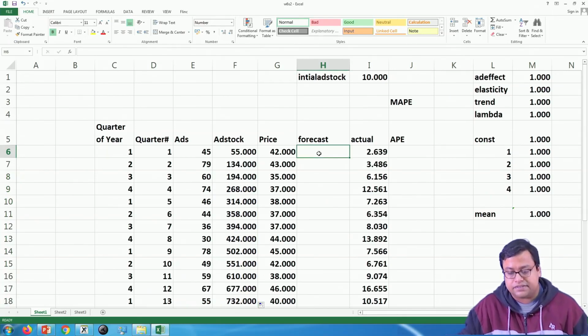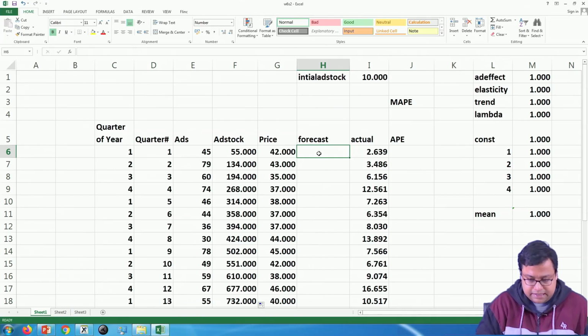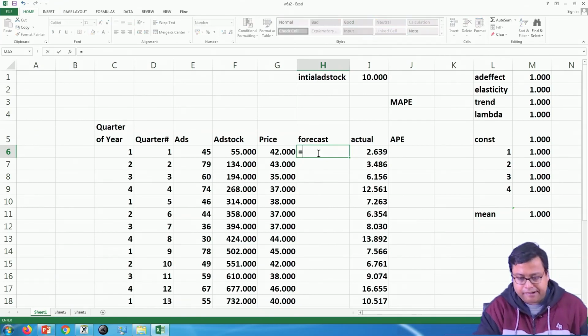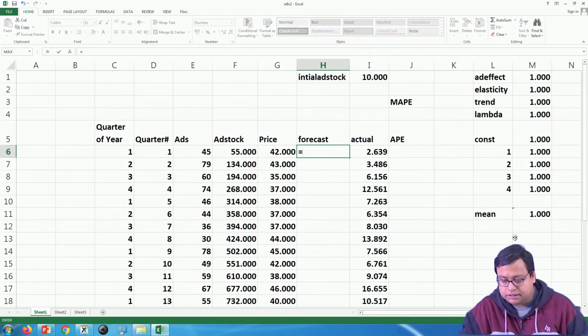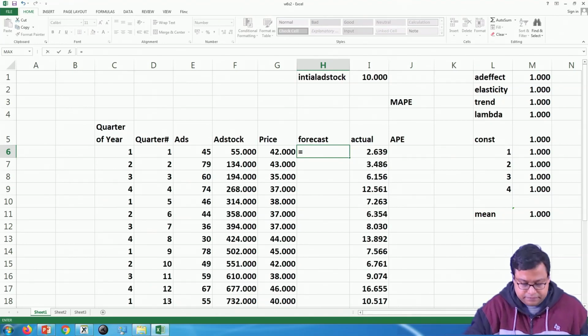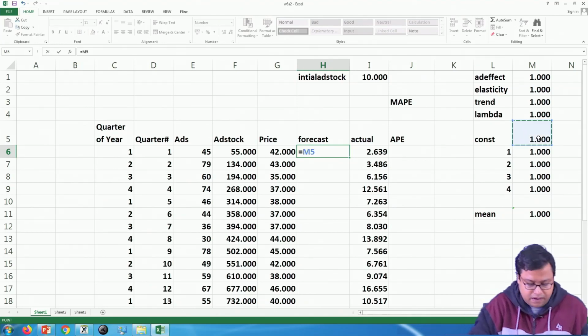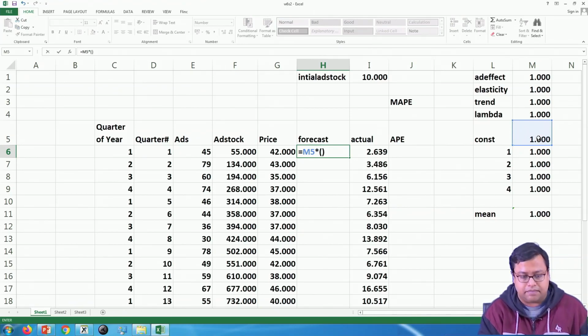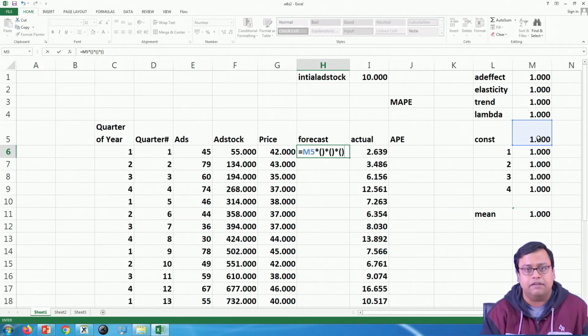Then what is the sales forecast? The sales forecast is basically, carefully you see, this constant into the trend component, I will write something here, into the price to the power minus elasticity component, I will write something here, and into the seasonality component, I will write something here.